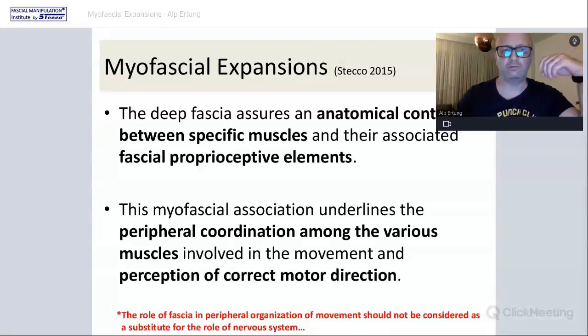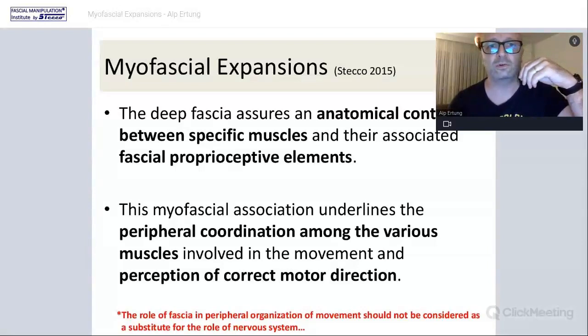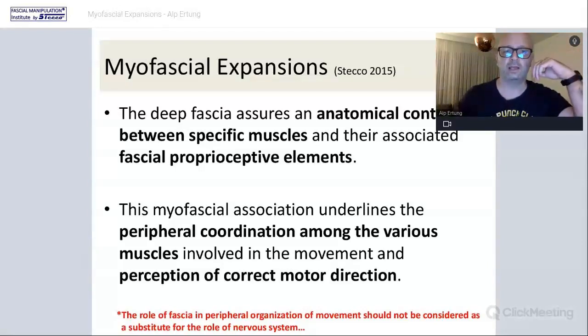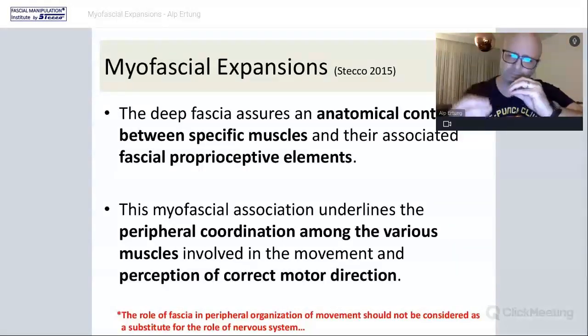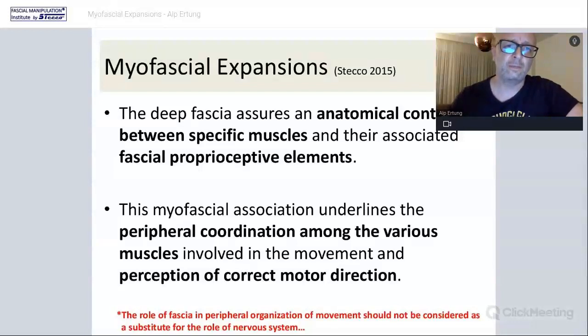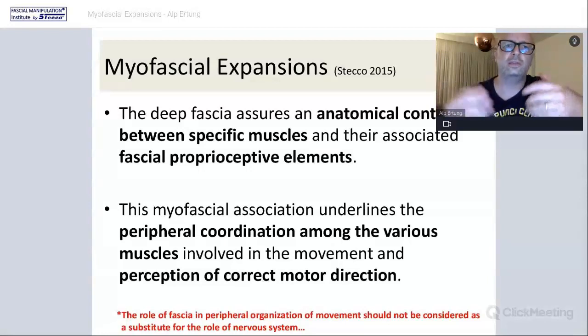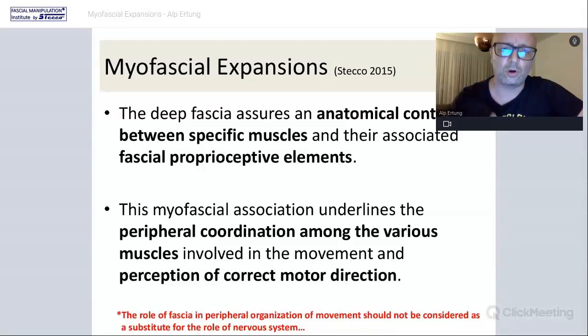In some presentations you may see aponeurotic fascia called the fascia of transmission, and the epimysial fascia the fascia of coordination, because of having the receptors, especially the muscle spindles, and with the help of their activity, perceiving the right amount of tension, length change, and everything, and creating the relationship between the afferent and efferent structures, and then we have the proper movement.